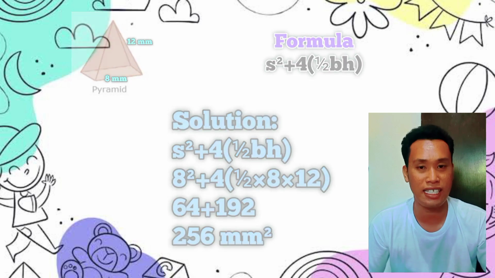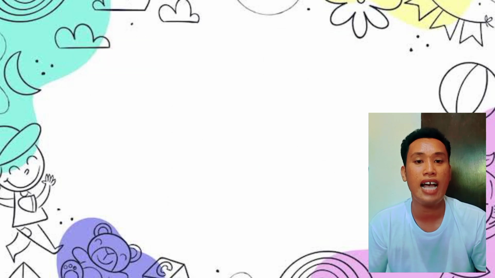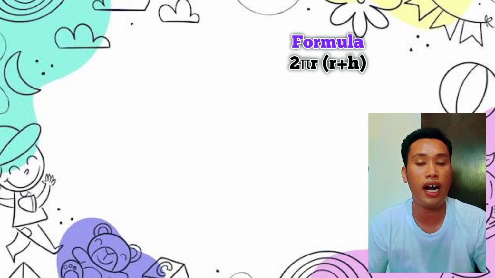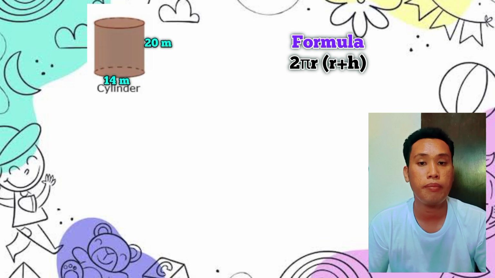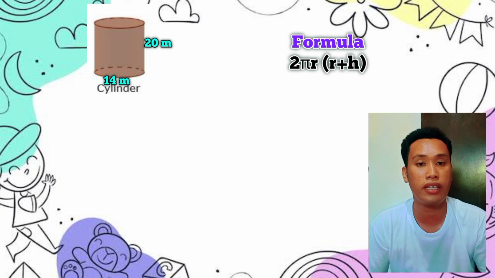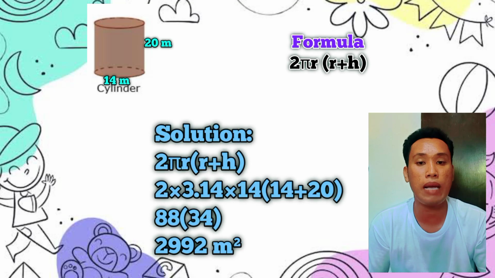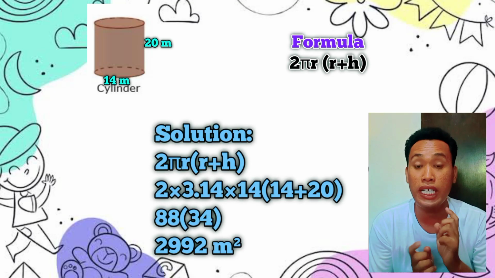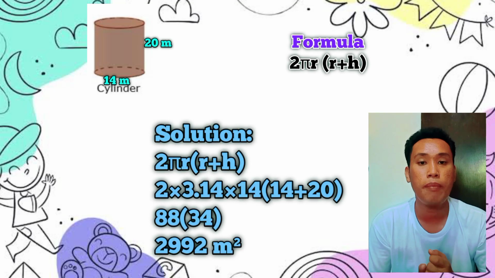So that's the answer. Next is the cylinder. The formula is 2 pi r times r plus h. Let's solve this example: there is 20 meters height of the cylinder and 14 meters radius. Substituting, it becomes 2 times 3.14, the equivalent of pi, times 14 times the sum of 14 plus 20.